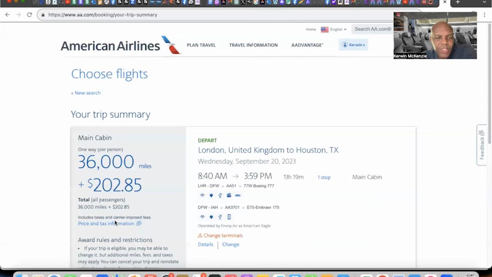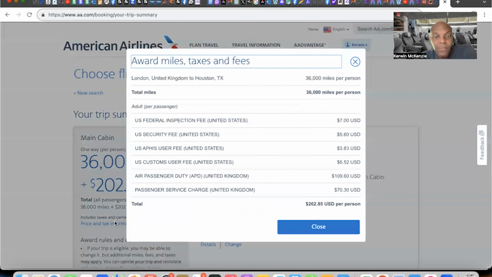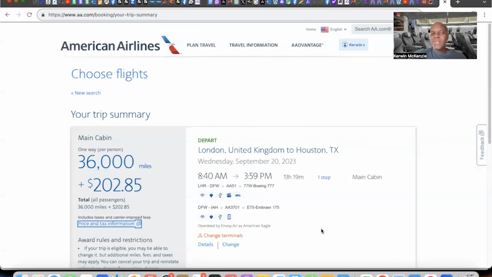So now it's $202, more miles, but there's no fee. Because on reward tickets coming out of UK, American does not charge the carrier imposed surcharge, only British Airways does. So you have to really figure out how you want to do that. This was more miles, but it's less money.